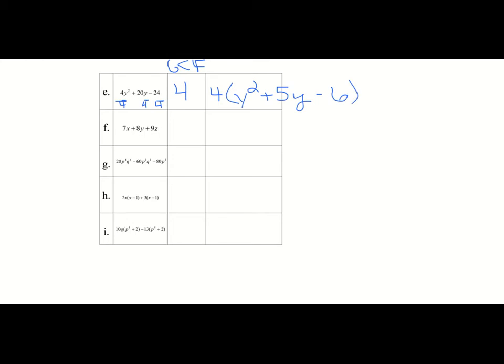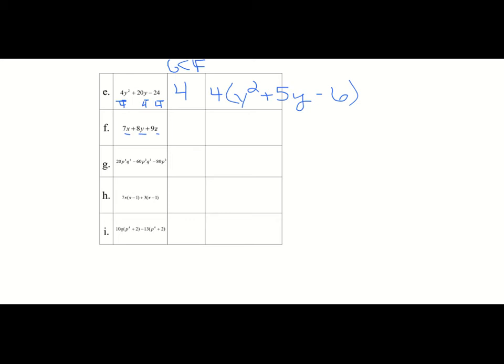All right, if we look at F, here, I have a variable in each term, but I have x in this one, y in this one, and z in that one. None of those are common throughout the 3 terms, so I don't have a variable to pull out. 7, 8, and 9. 7 is a prime number. The only factors that go into 7 are 1 and 7.